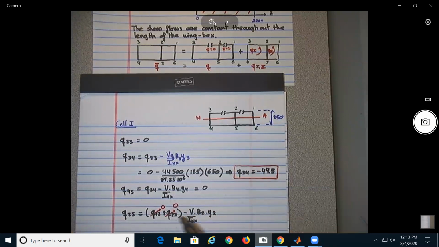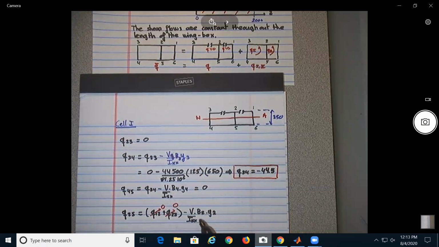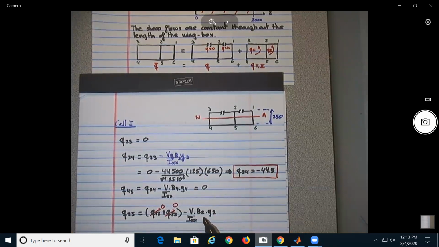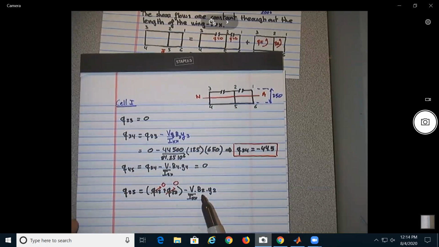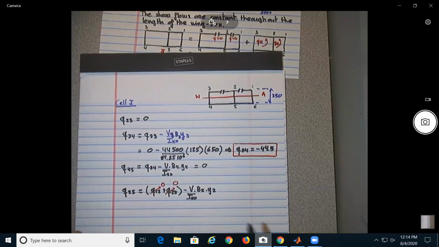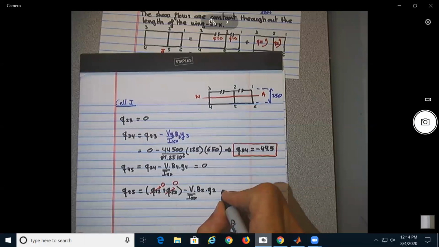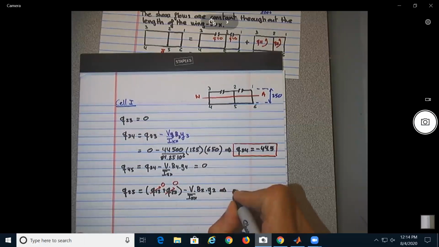So this will be 0 minus V over Ixx. Is the same thing, no? Okay, well, good here. So this is 0 minus this, and this is going to give you that Q25.